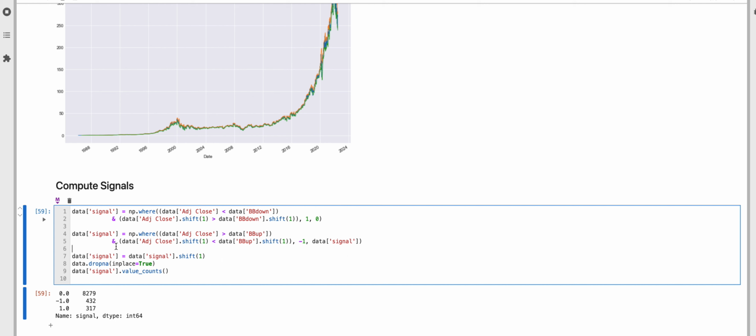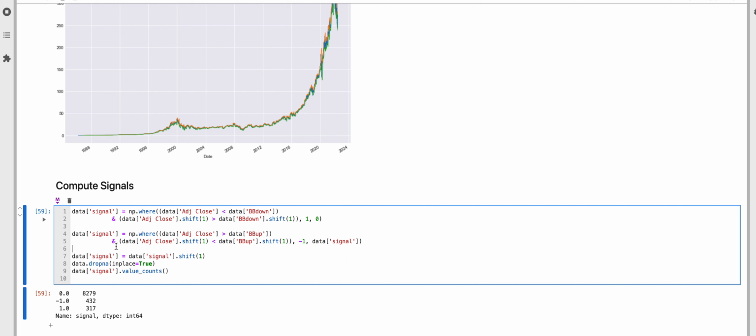Next, we compute the signals. We go for a short position when the adjusted close price is higher than the upper Bollinger Band, indicating the asset is overbought and the price is likely to drop.